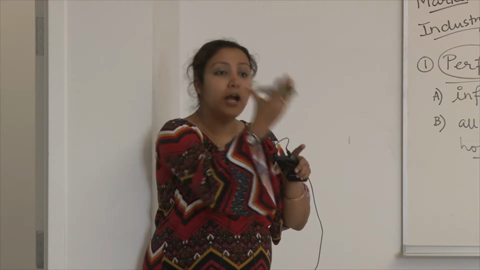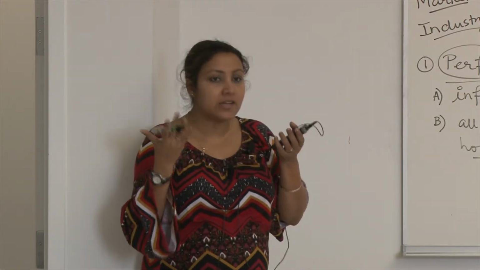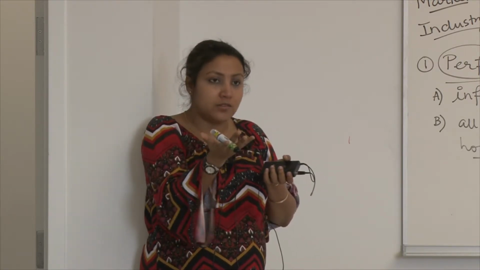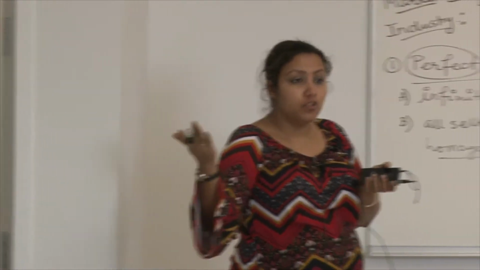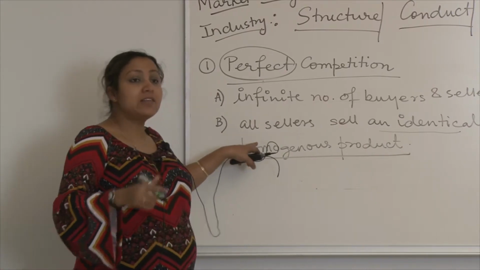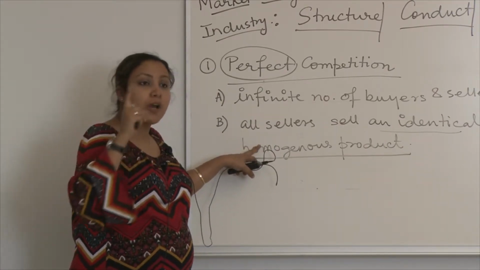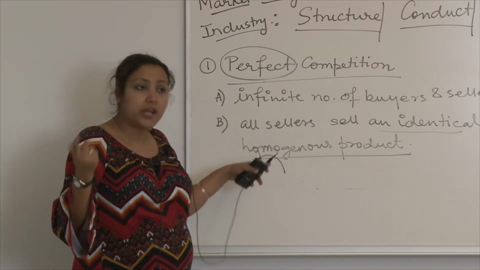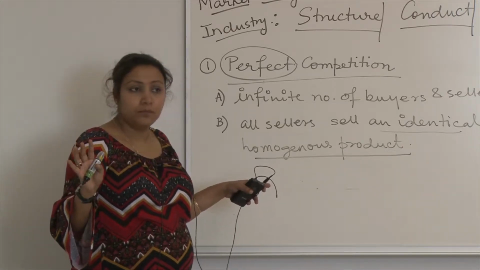So, even if you try to sell your product for a higher price, you cannot sell it, because it is exactly the same as what she is selling or what he is selling. I have the option as a buyer to go to somebody who is offering that product to me for a cheaper price. So, what follows from this is that there is a single price in the market. There is a single price in the market, and all sellers and all buyers face that same price. Okay, is that clear why it is so?